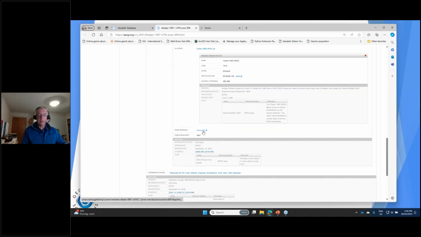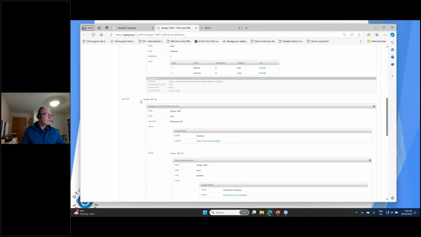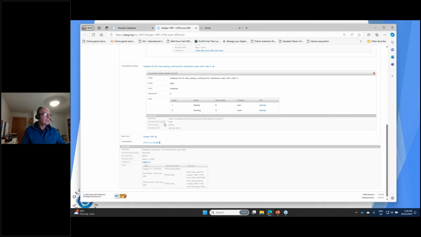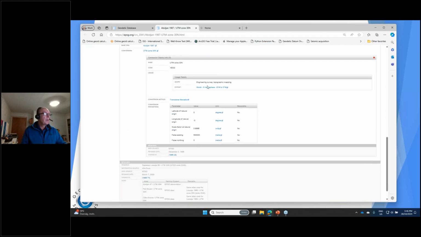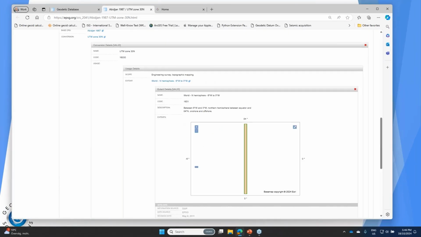We have the prime meridian Greenwich, where we have the 0 degree partition, and if we close down that one, we can see that the conversion is UTM zone 30 north. UTM zone 30 north has a different usage.